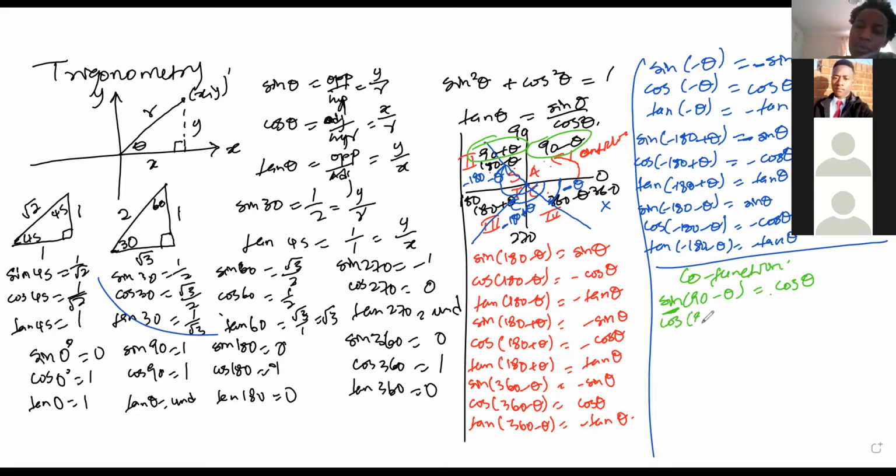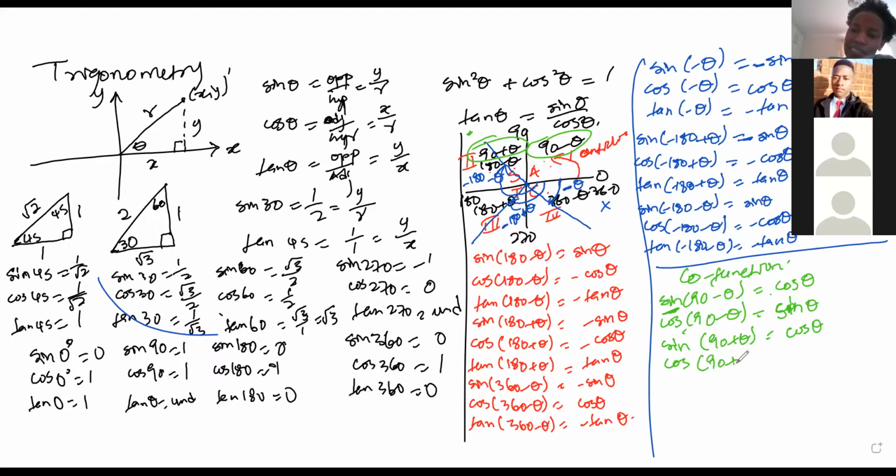So cos 90 minus theta becomes positive sine theta, because all functions are positive. Then let's go to 90 plus. Sine 90 plus theta is a positive cos because sine in the second quadrant is positive.